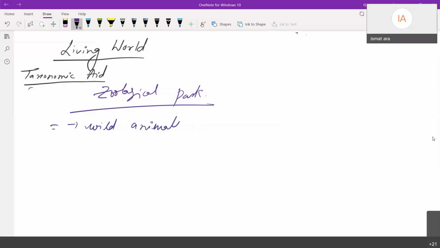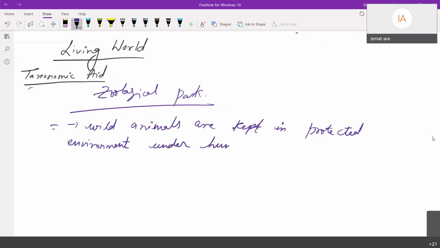Wild animals are kept in a protected environment under human care.